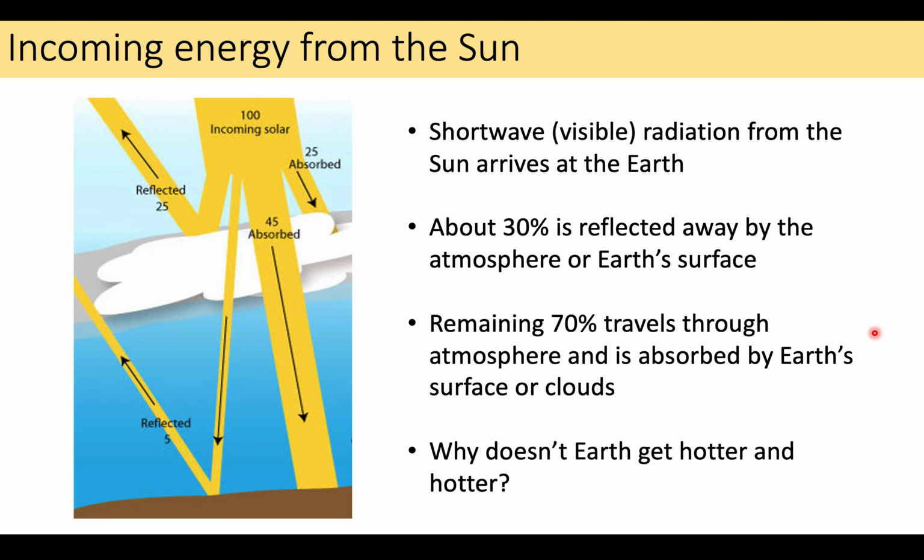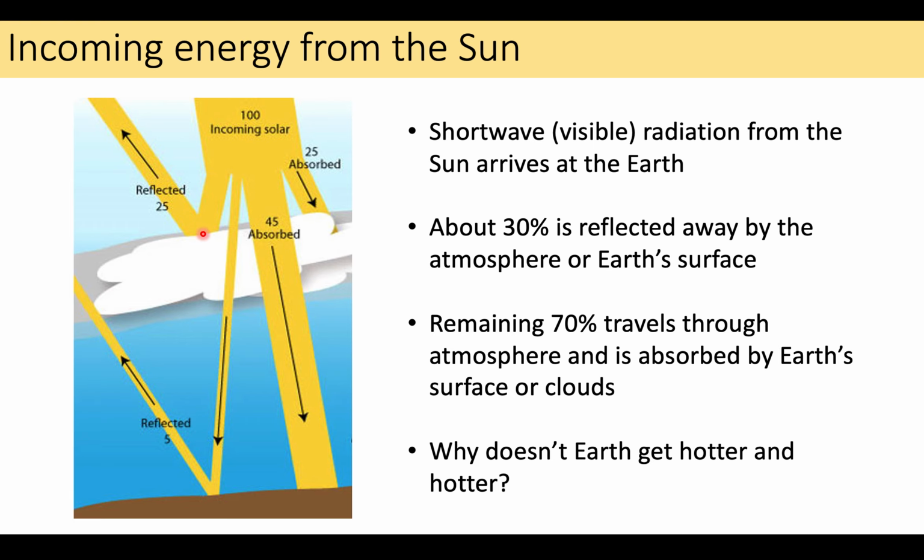Of the light moving from the sun to the Earth, about a third of it, 30%, is reflected away before it even reaches the Earth's surface. So almost a third of all of the energy that the sun is sending us actually gets reflected away by our atmosphere. That's what these clouds are; this cartoon is saying the clouds are our atmosphere.